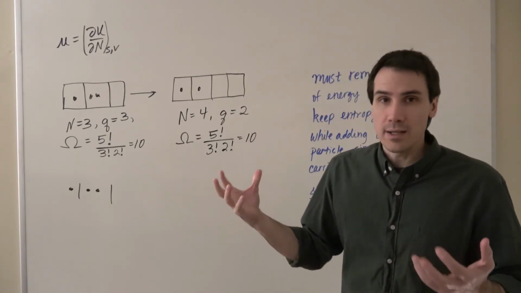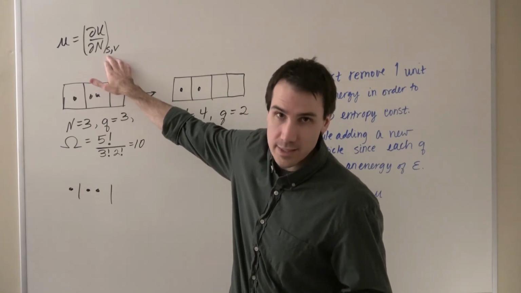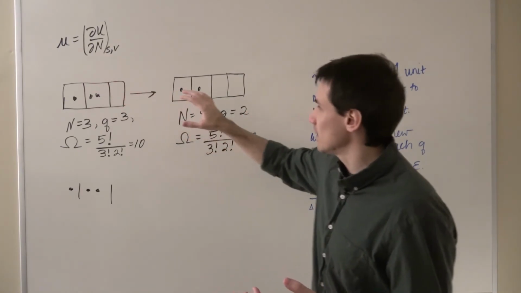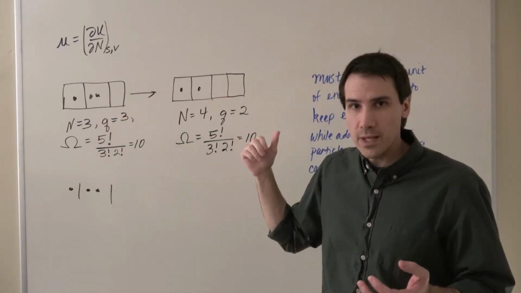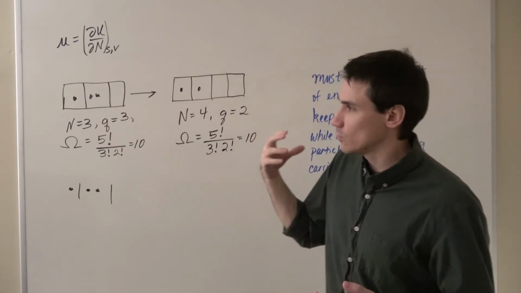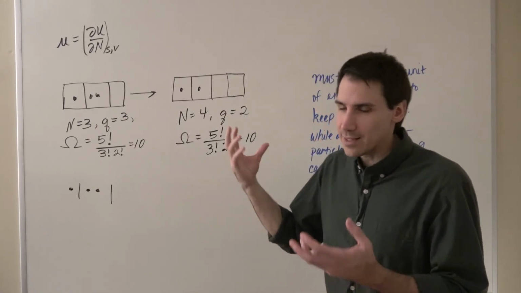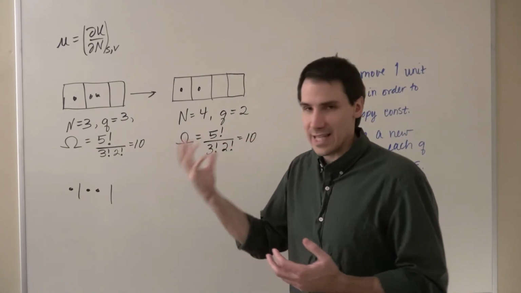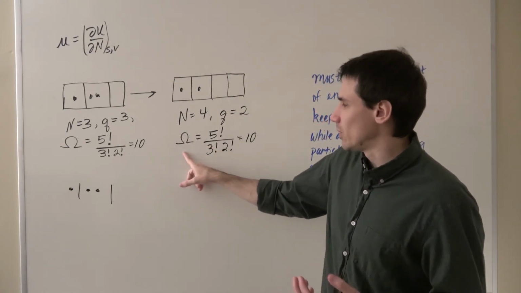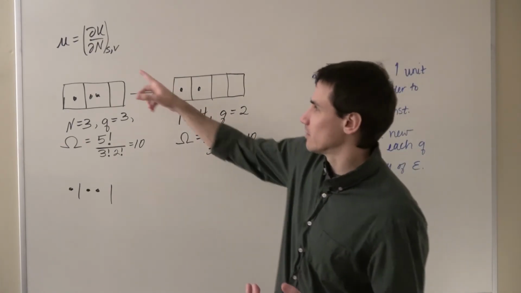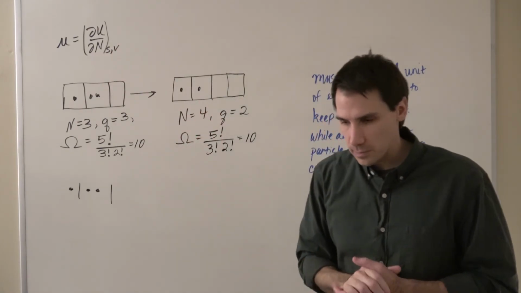So our entropy wouldn't be constant if we left the energy the same when we add a new particle. So what we need to do is remove a unit of energy. And this example is nice because we can remove exactly 1 unit of energy, and our multiplicity omega doesn't change, and therefore our S doesn't change.